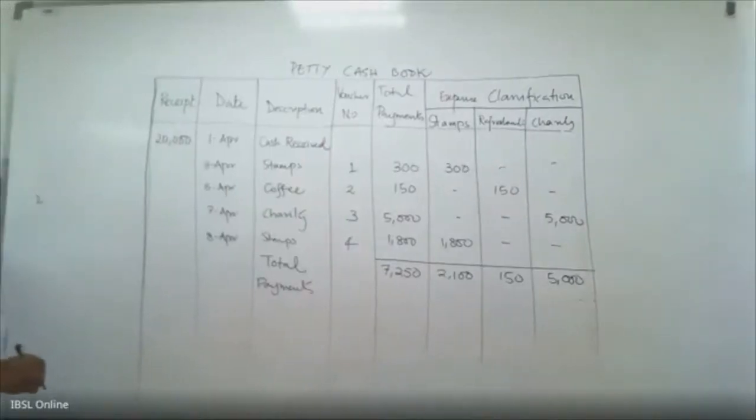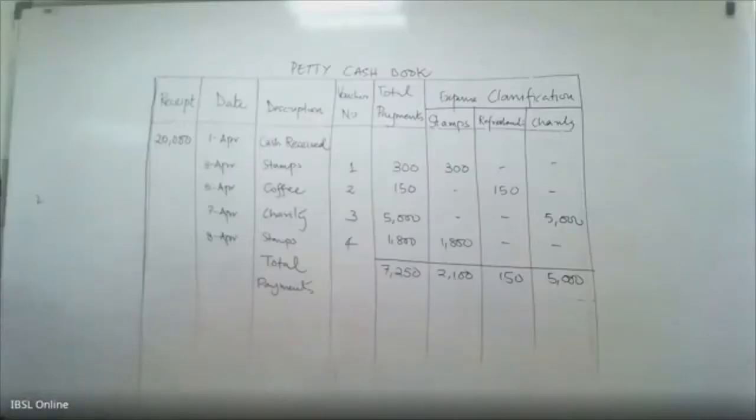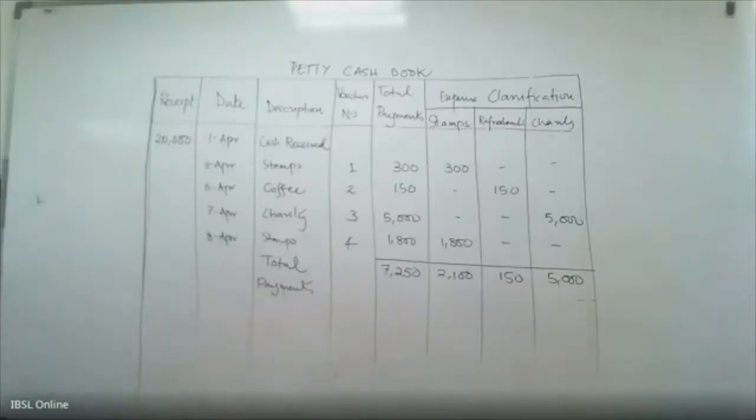Hello, excuse me, sir. We can see the left side on the board. You can't see the left side of the board, that is this first column, receipt. We can only see the date column. You can see only the date column, is it?